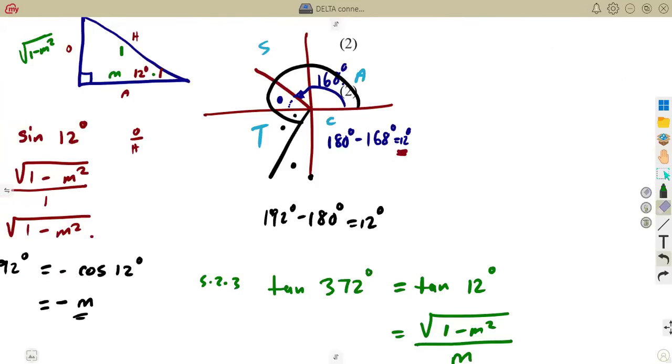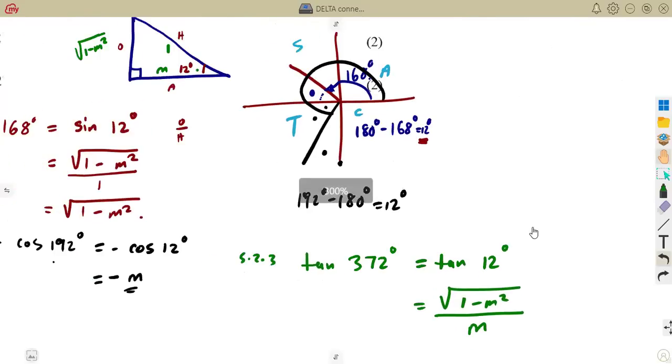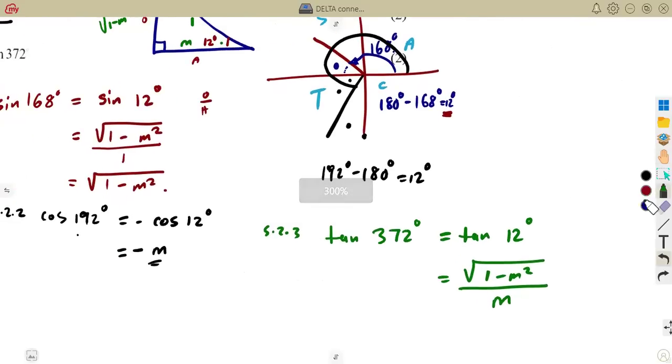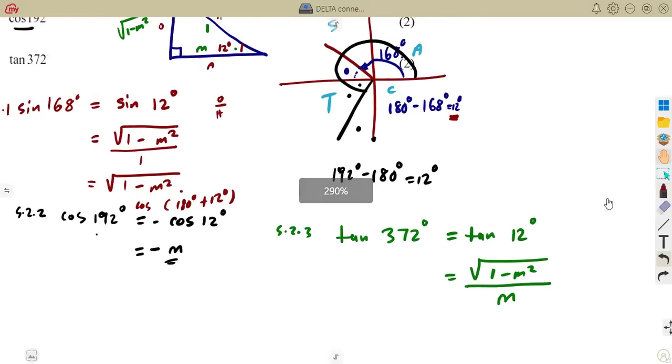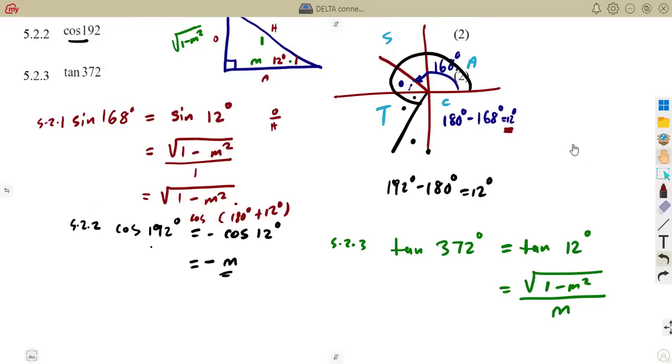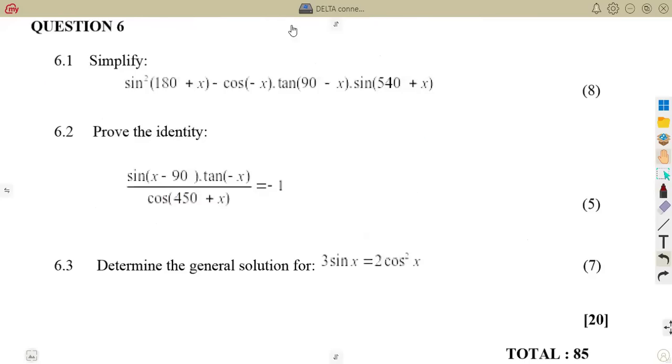So you had to apply the reduction concept. 192, you're saying this is cos 192. This is 180 plus 12, which is going to give us minus cos 12. Or just work with acute angles. So you just need more revision there.